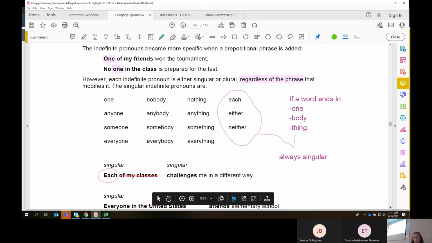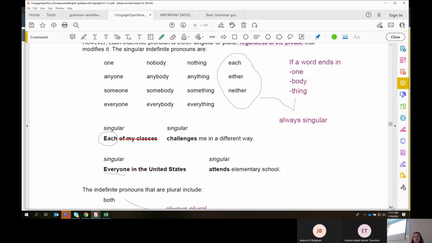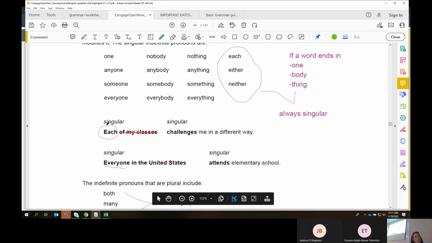All right. I'm going to do a little bit like each here. Now look, Anthony, each right here is my subject. Each can also be an adjective. I'm not going to bother you with that right now. Each right here is my subject. Now classes is plural. Classes is in a prepositional phrase. And the rule said that if each is the subject, it doesn't matter what's in the prepositional phrase.